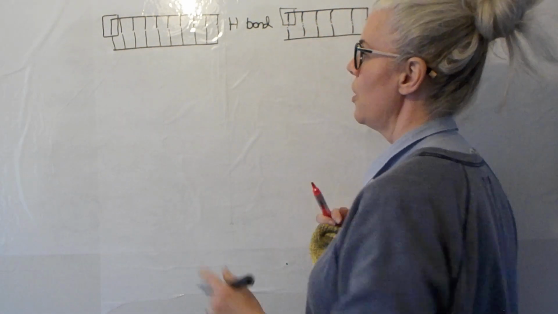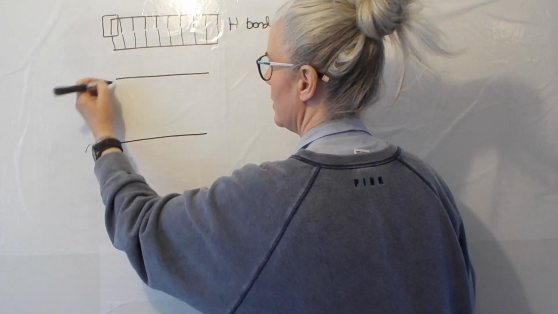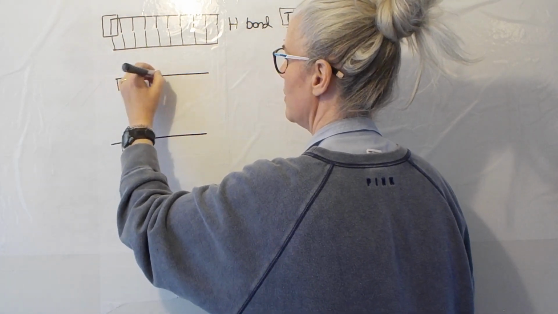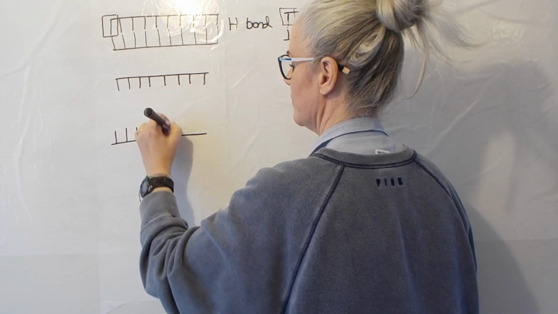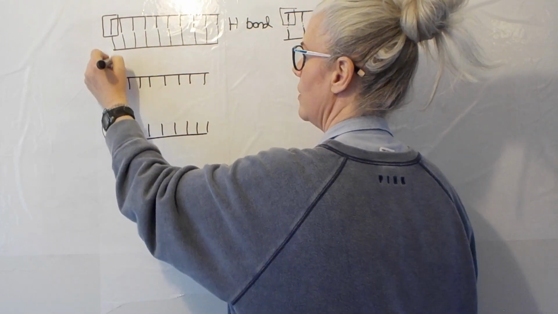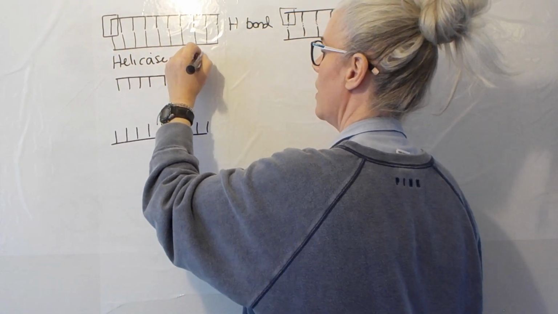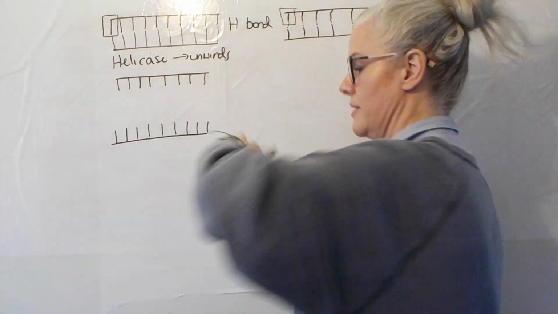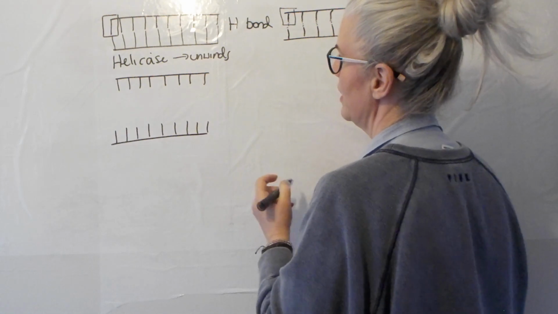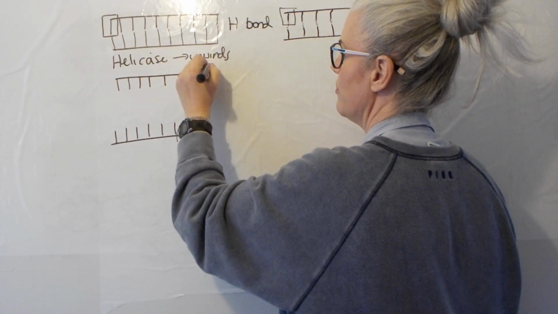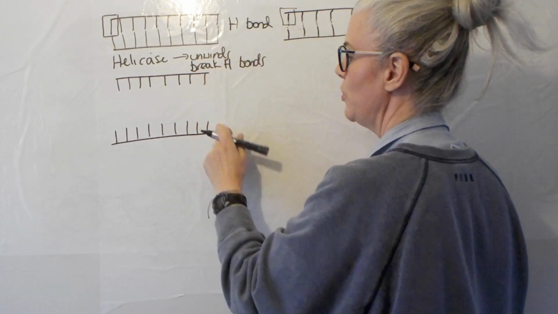Okay? So, first of all, your DNA will separate. Now that is done by an enzyme called helicase. So helicase unwinds the DNA, because remember it's a twisted helix. So it unwinds it so you get this kind of ladder kind of a thing, and it breaks the hydrogen bonds, exposing these bases.